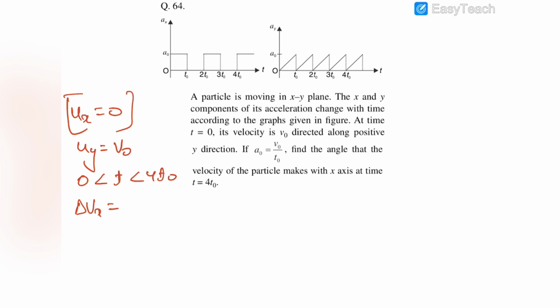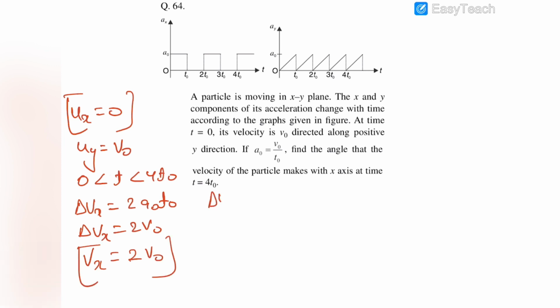So it is a naught t naught, a naught t naught. So it is 2 a naught t naught, and a naught t naught is equal to v naught. So it is 2 v naught. And we know that initial velocity along x-axis was 0. Therefore, the change is equal to the final velocity along x-axis. So it is 2 v naught.